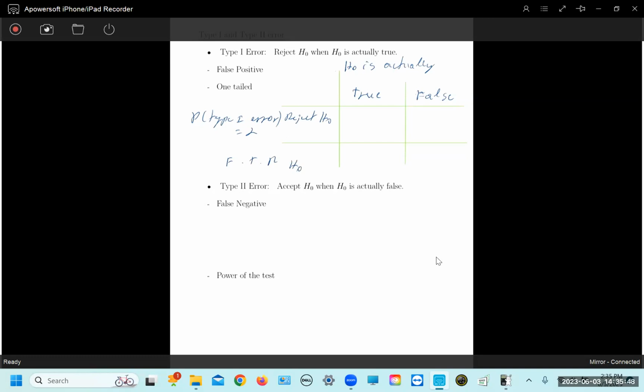If we use type 1, type 1 is error, but fail to reject is correct. And fail to reject is correct, but type 2 is the error.